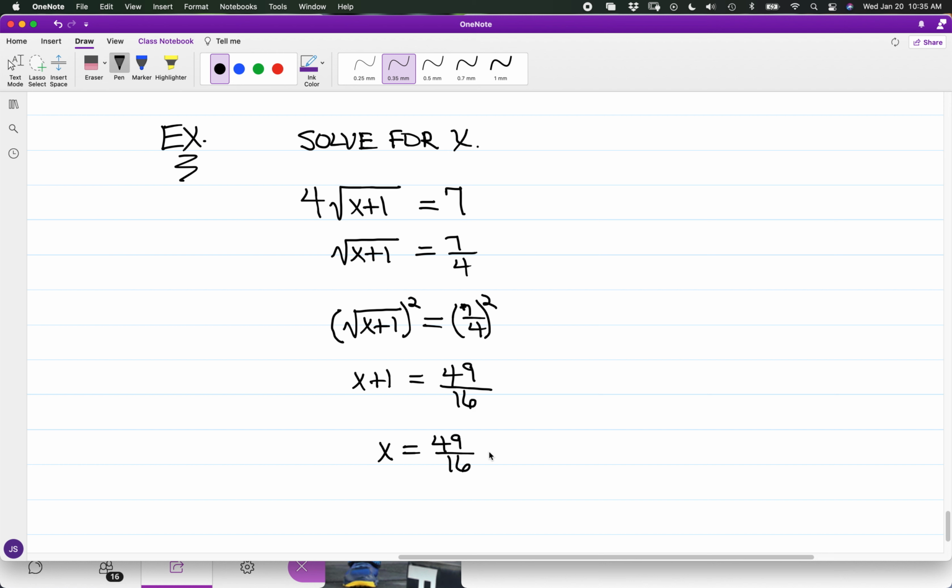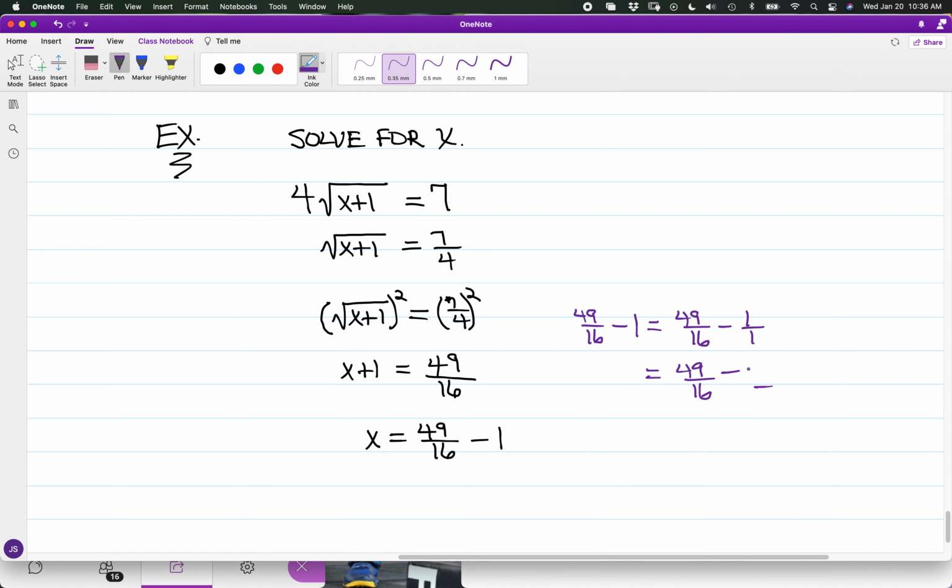So x is going to be 49/16 minus 1. Again, we're looking at combining: 49 over 16 minus 1 over 1, and converting 1 over 1 into 16ths.